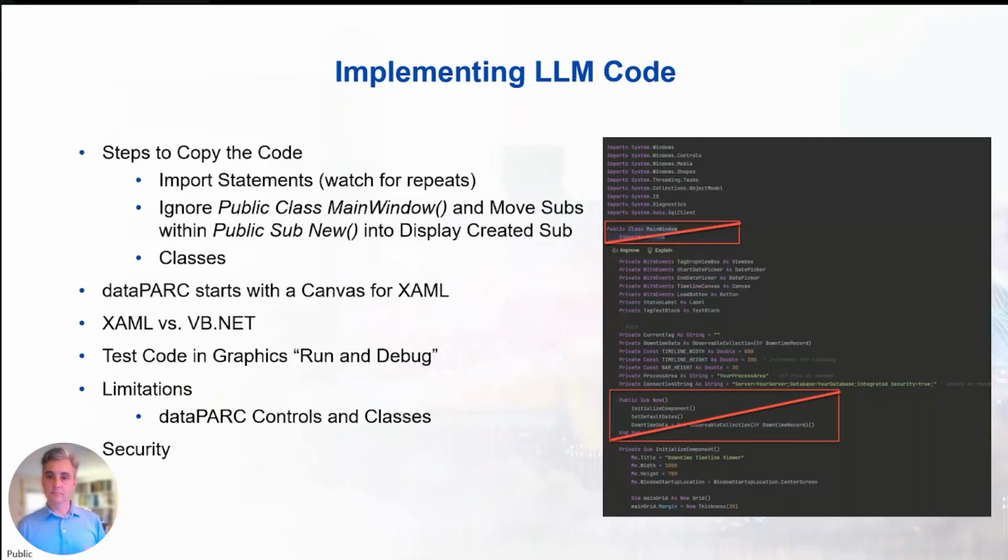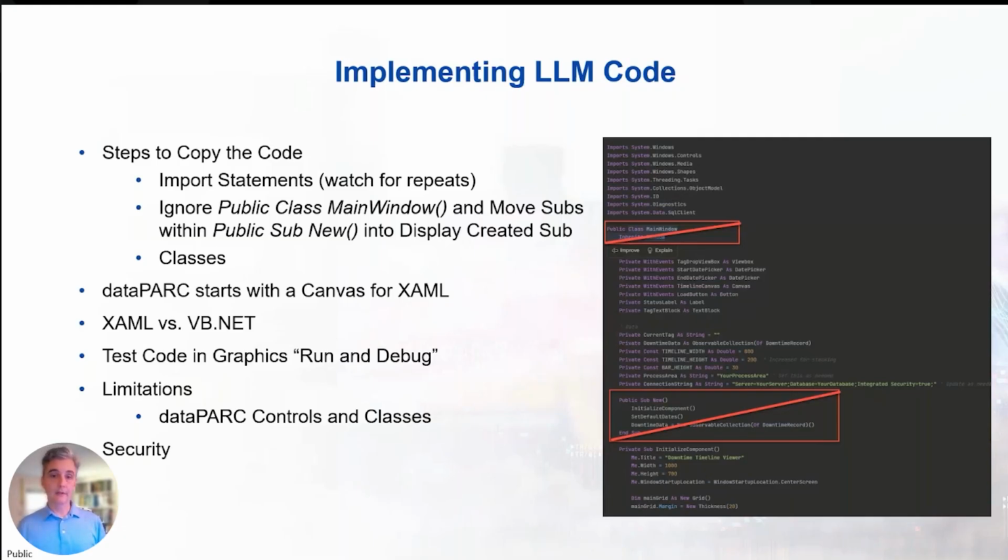So you need to ignore the MainWindow and the sub new; you just don't want to copy those. What you need to do is take what's inside there. There are routines or functions that are called inside the public sub new, and when you go into the code behind the graphic, put those in the DisplayCreated subroutine. That way they get executed once, which is exactly what the LLM was intending by putting them in the public sub new.